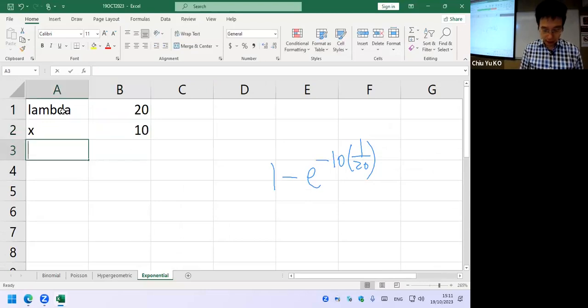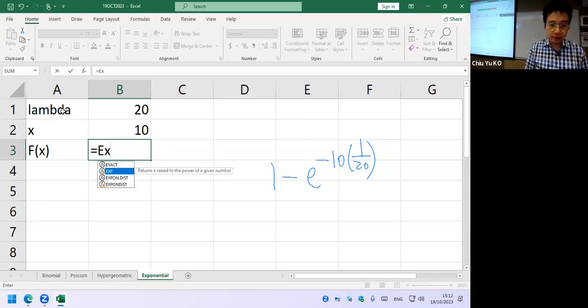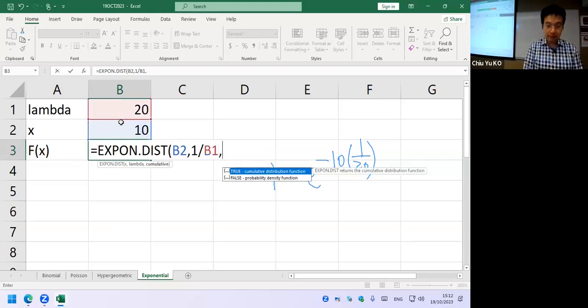And I want to find fx. And we're going to do it slightly trickier. We'll have an exponential distribution x. The lambda they have is different from the lambda I have. That's fine. So 1 over that. So it has to be 1 over this guy. Okay. And then I say true.